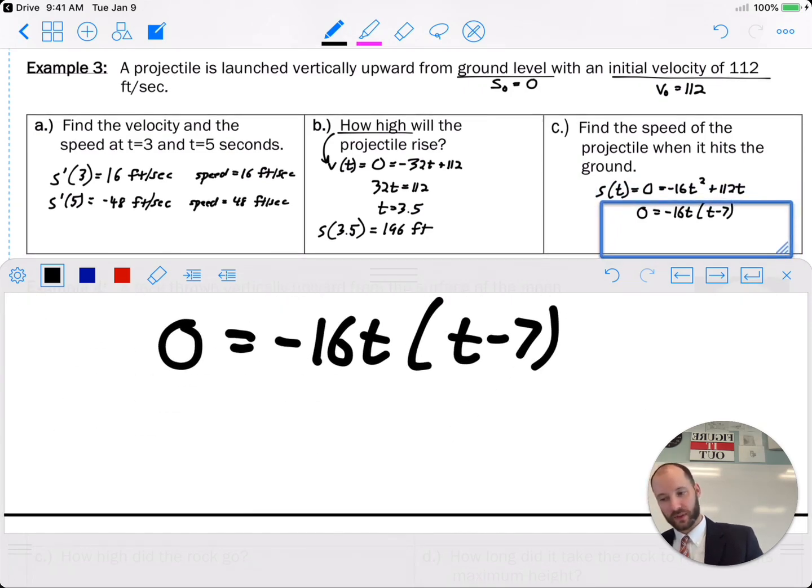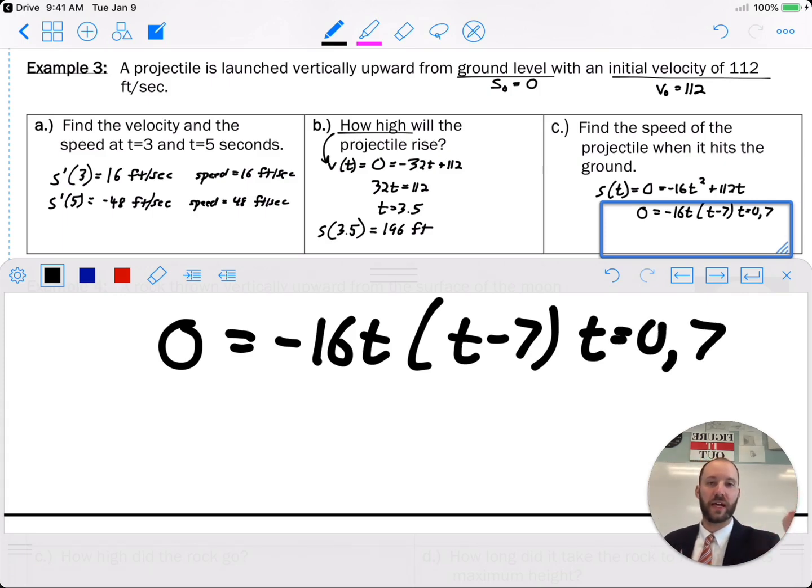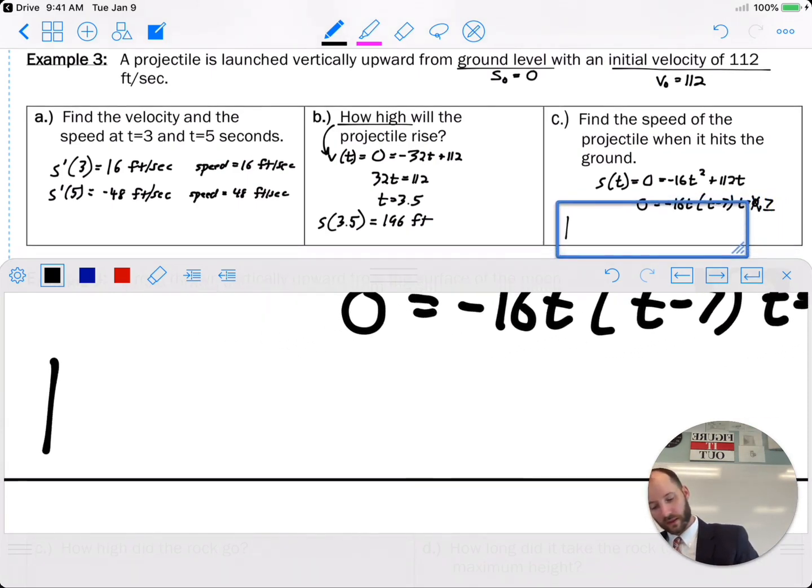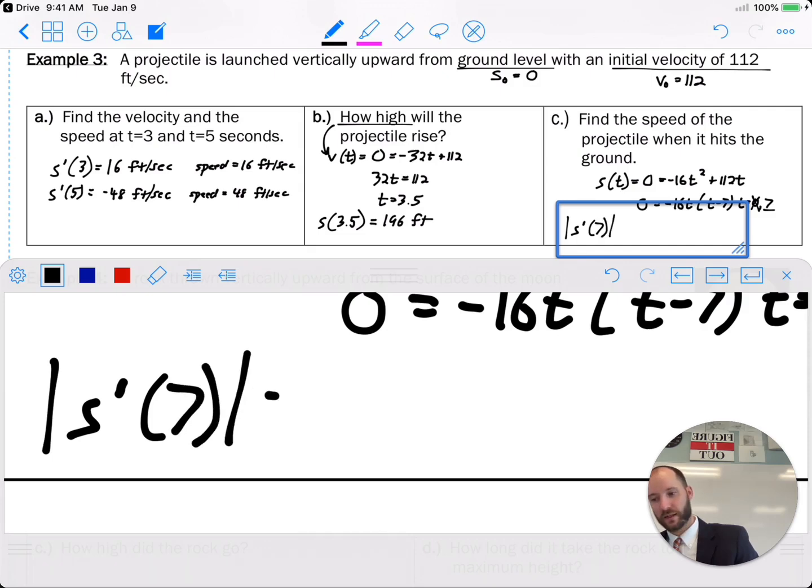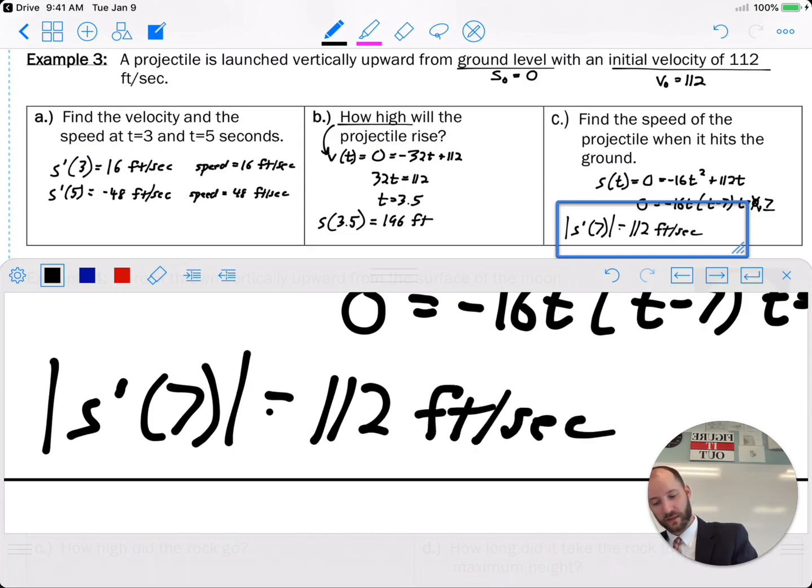So t equals 0 and 7. So at 0 seconds we're on the ground. At 7 seconds we're on the ground. But at 0, when you started, that's not hitting the ground, that's taking off. So we want the 7. So we want speed, the absolute value of velocity. Plug that in, get 112 feet per second.